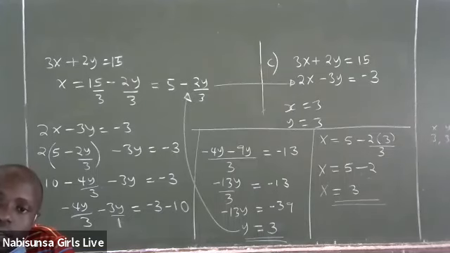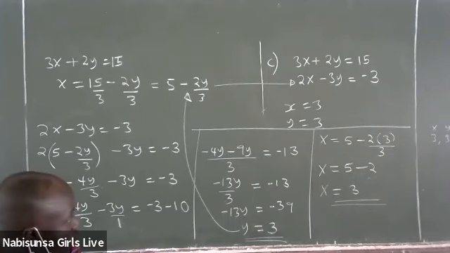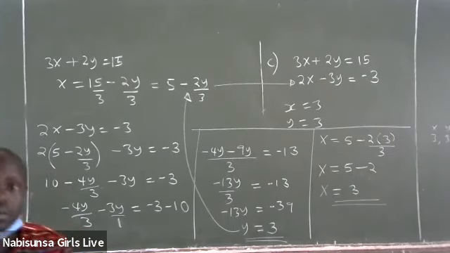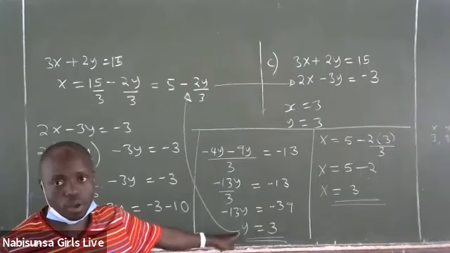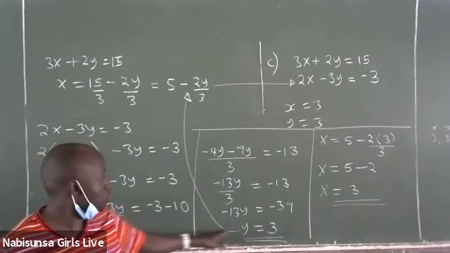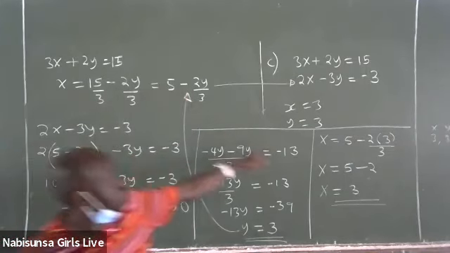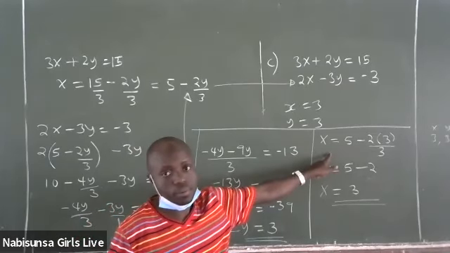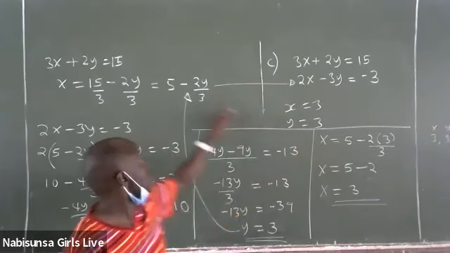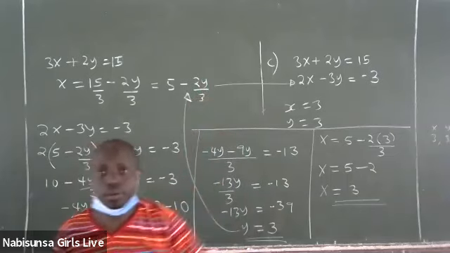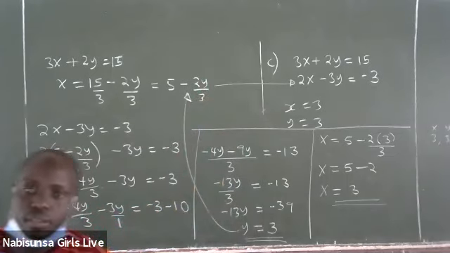Okay. How do we find the x? Yes. You substitute the value of y you got. You bring it back in your x subject. Thank you, teacher. Atim, your hand is up.